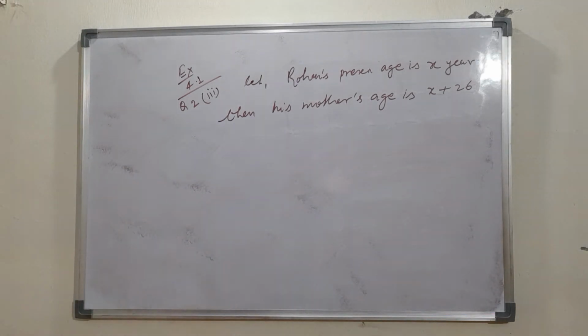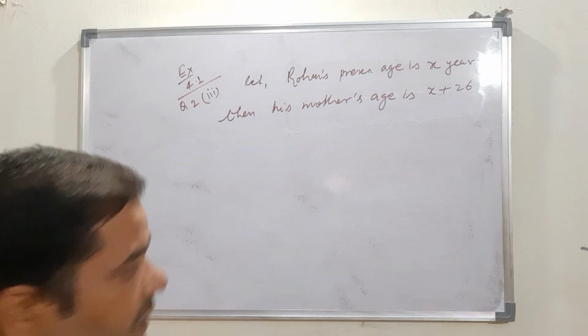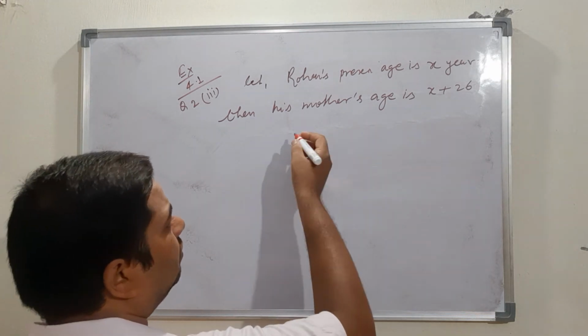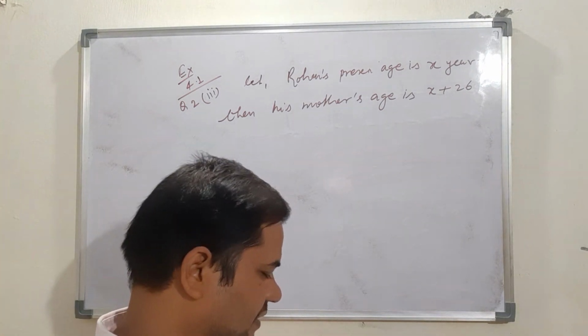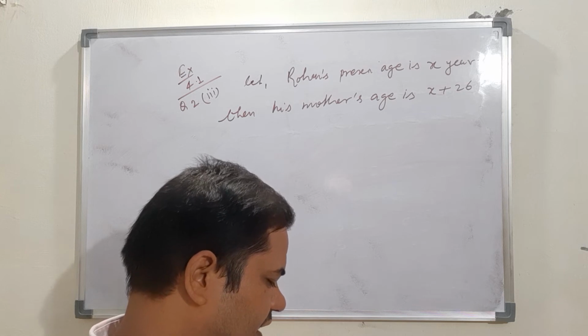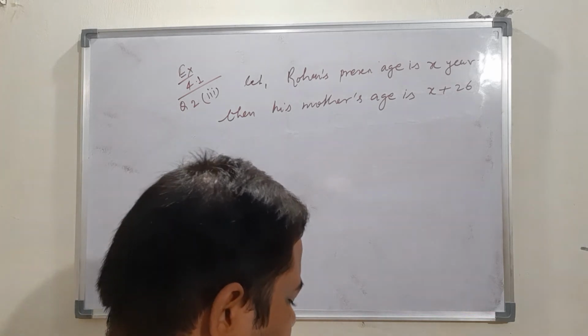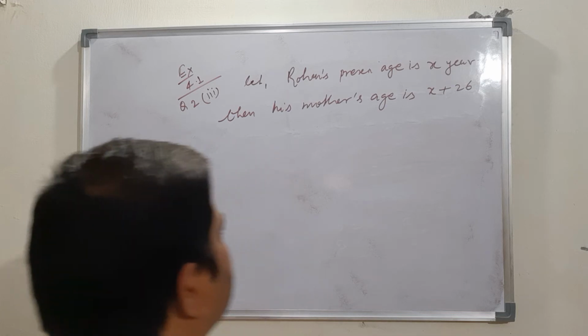Now, 3 years from now, the product of their ages will be 360.